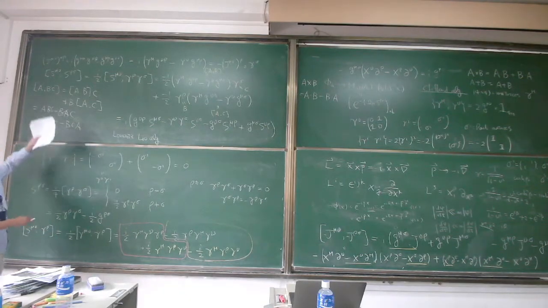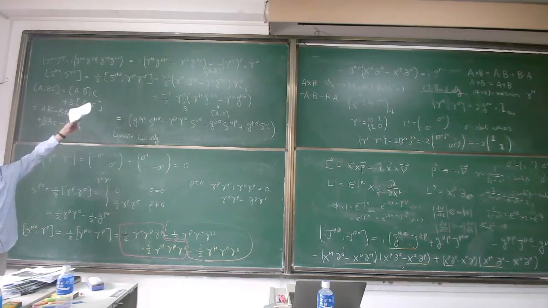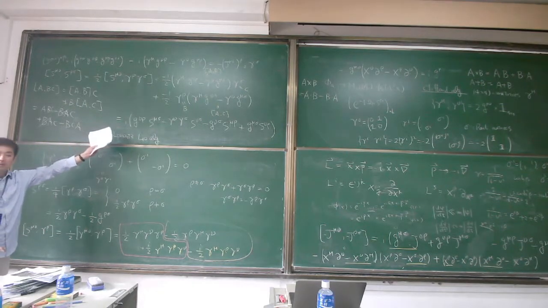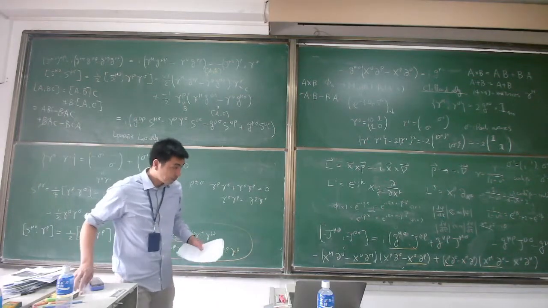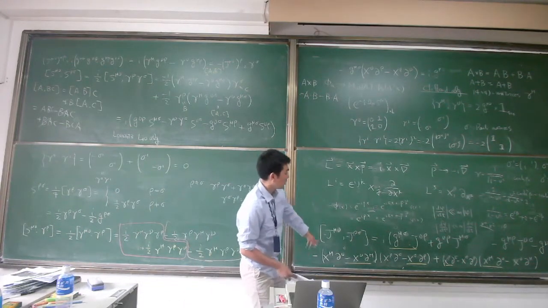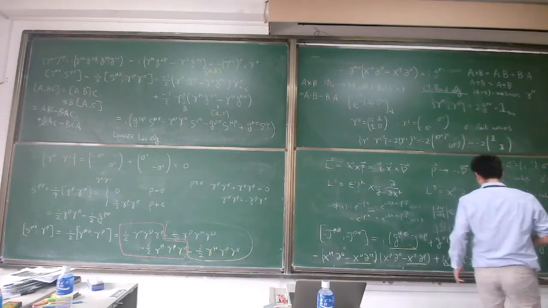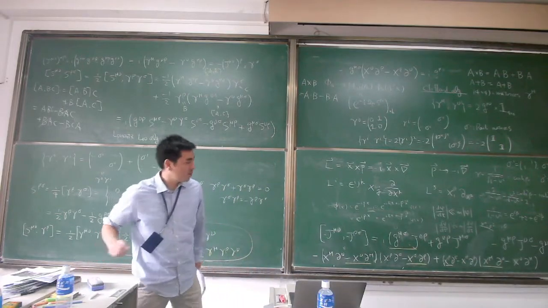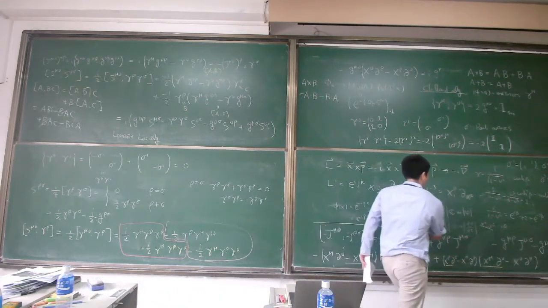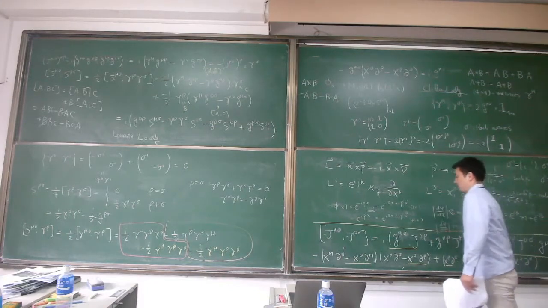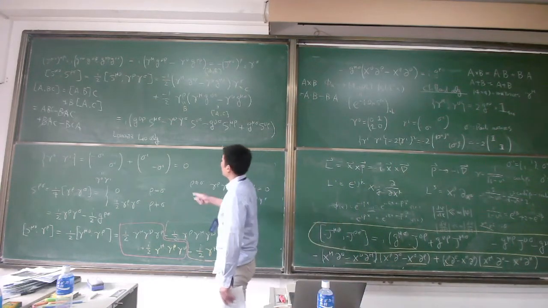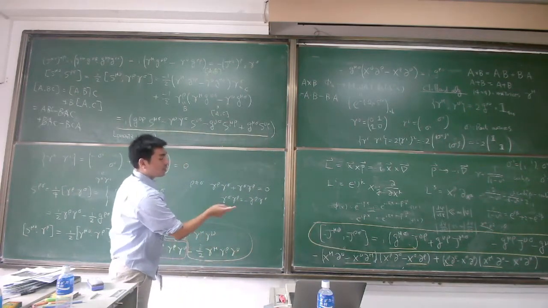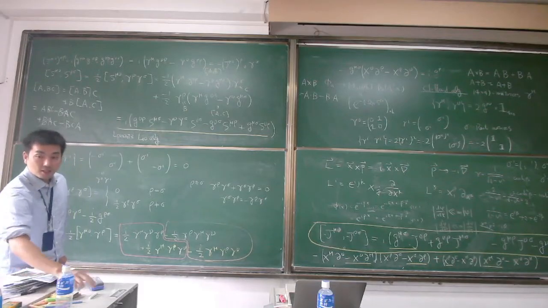This is exactly the relation of Lorentz algebra. If you replace S by J, this is exactly what I have written before. By using this, I have written here, right? Here it is. So just compare this one and this one. You can see they are exactly equal.